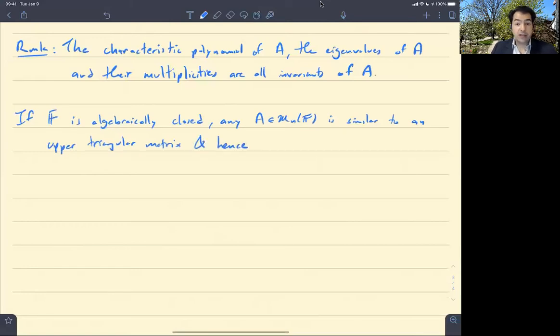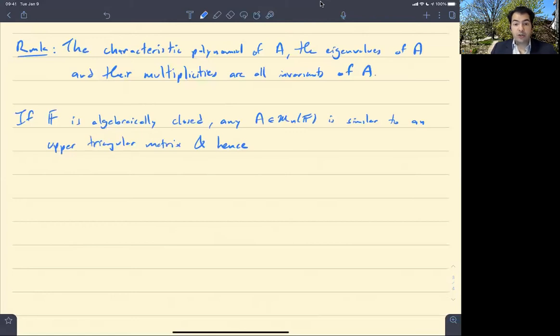And so any invariant you can compute using an upper triangular matrix. Moreover, the elements on the diagonal are precisely the eigenvalues of A counted with multiplicity. All right, that's easy to see because we know that the determinant of an upper triangular matrix is just the product of the elements on the diagonal.